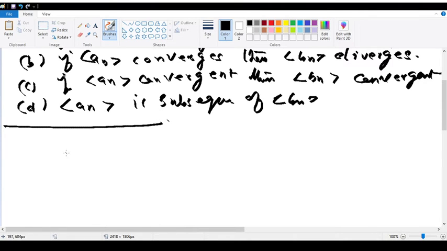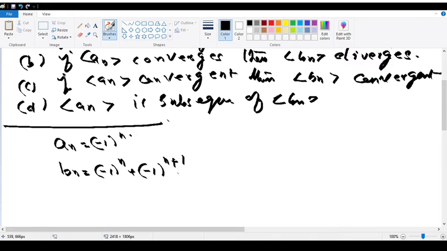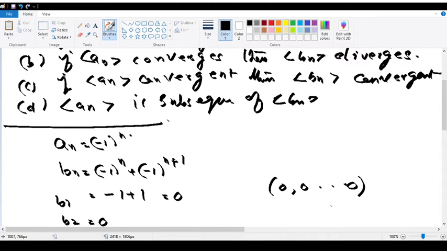You can take an equal to minus 1 power n. So what is Bn? Minus 1 power n plus minus 1 power n plus 1. So here n equal to 1, minus 1 plus 1, that will be 0. What is B2? B2 also 0. So all terms are 0. So Bn is the 0 sequence, it will be convergent.